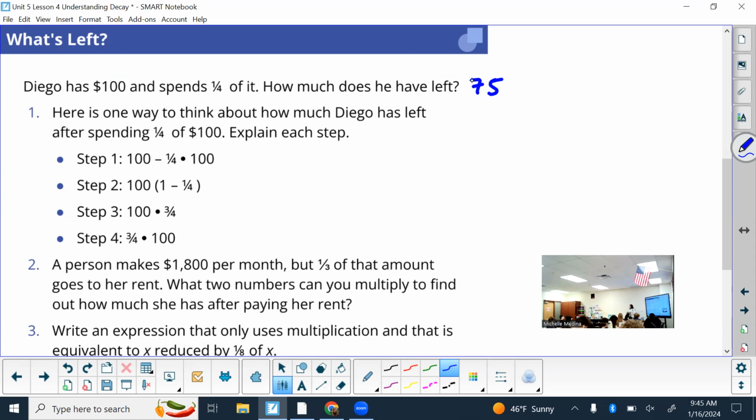So even though you might have done it differently in your head or on a calculator, here's one way that will help you set up the rest of them. So 100 minus 1/4 times 100. What's 1/4 times 100? What's 1/4 of 100?